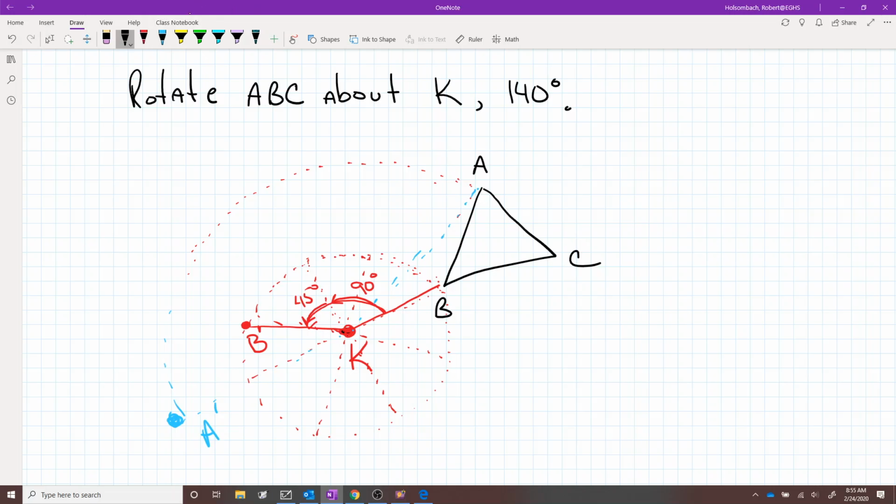And then point C. If you draw a line from C to your center of rotation, and then you create a 140 degree angle, it's probably going to be about here, and that's going to be on this circle. So there's your C prime. So when this thing is rotated, here's your new shape. Alright, freehanding it. That's not very good, is it?